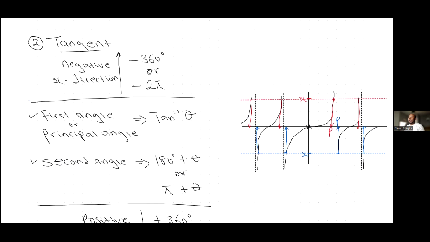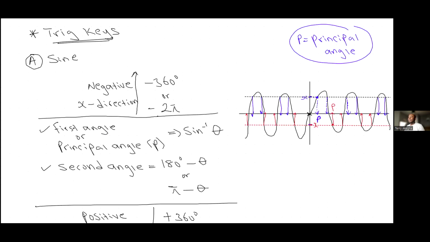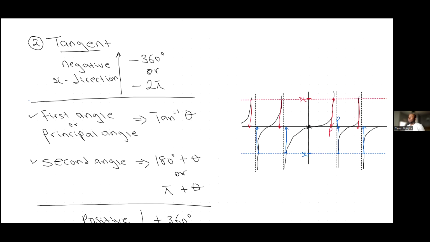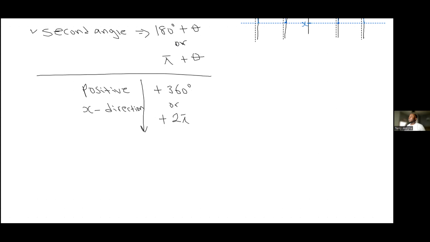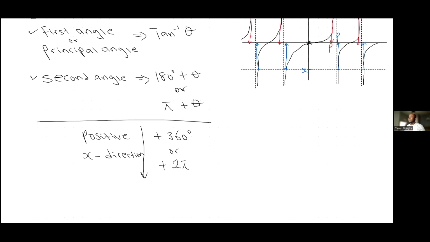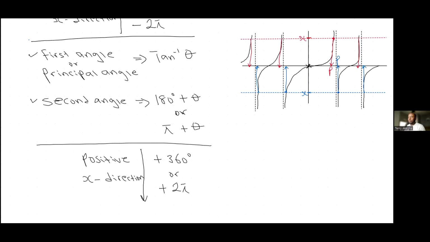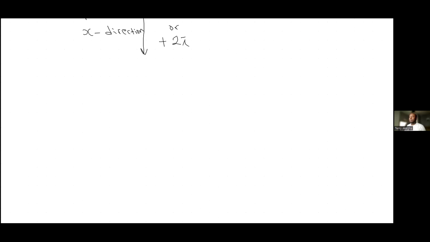So we've talked about sine. We've talked about tangent, so now we're going to go to cosine. All right, so let's go to cosine now, which is number 3. So how do we find all the angles for cosine of a graph?